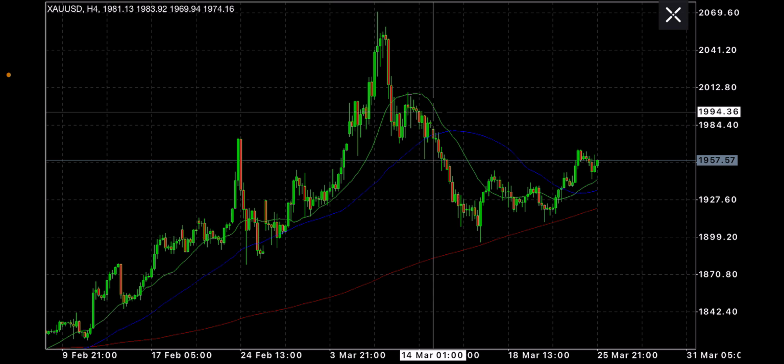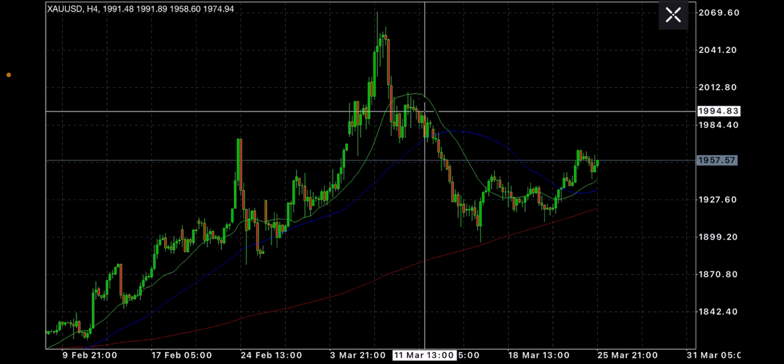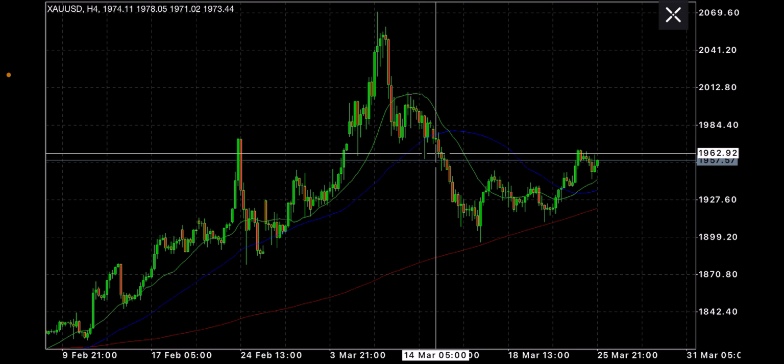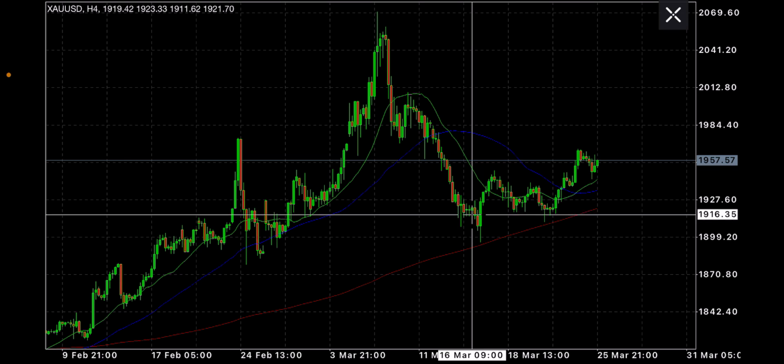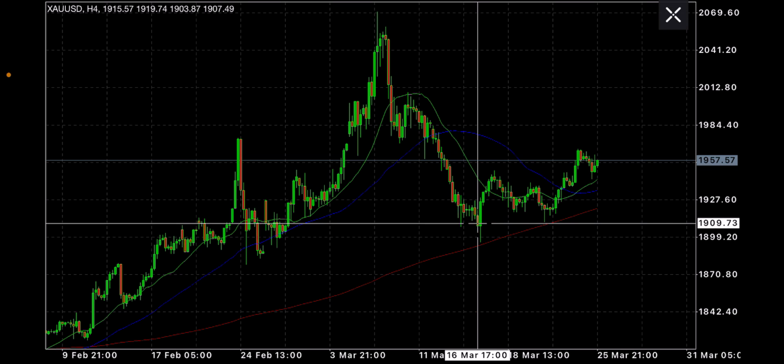So right around here is when they were discussing increasing the interest rate to combat inflation. And like we said before, there's an inverse relationship between gold and the US dollar that caused prices to drop. Okay, and then we had a steady price drop.